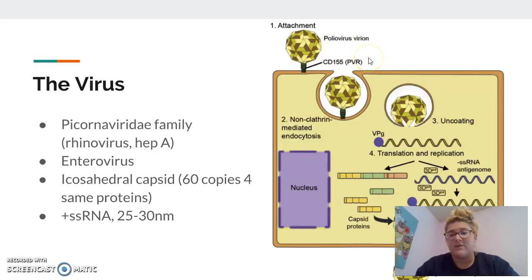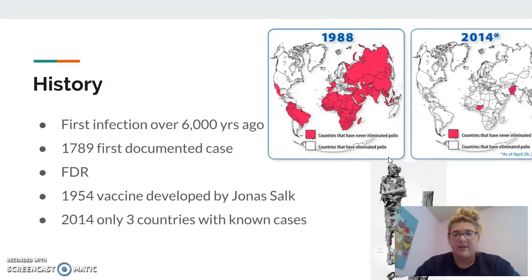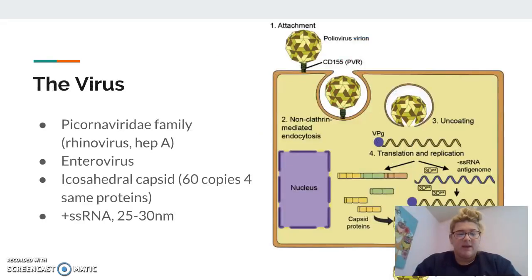CD155 is known as the poliovirus receptor that is able to attach to the surface of that cell and basically infect it. It gets inside the cell and takes over and begins to replicate its own RNA. And then it kills the cell and moves on to infect other cells.